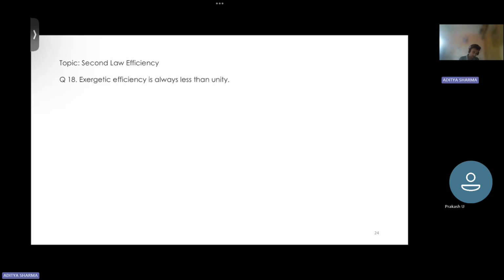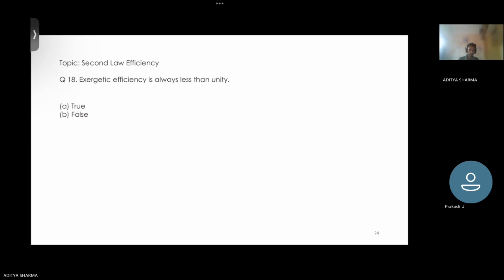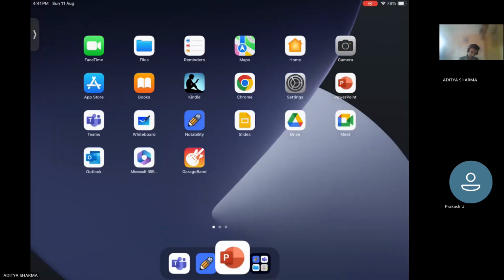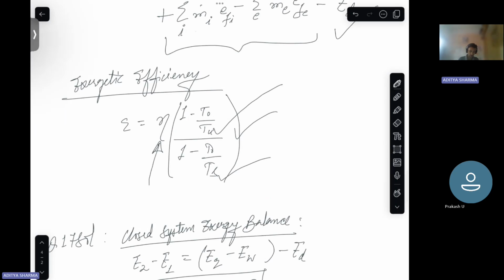So exergetic efficiency is always less than unity, whether this is a true statement or a false statement. This is more of a factual question, right? So if you see the exergetic efficiency, even if eta is 100% efficient, right?